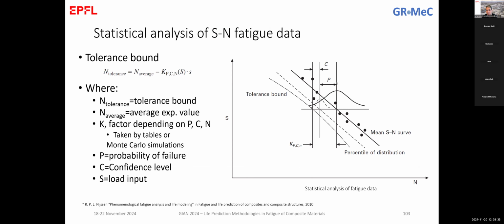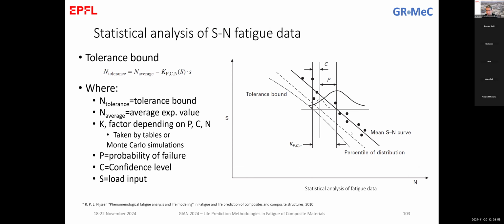We have the probability of failure that is defined by Weibull or other types of distributions that we can fit to the experimental results. Probability of failure is 50% when we are in the middle of this line, and it becomes less when we go to the left, and more when we go to the right.